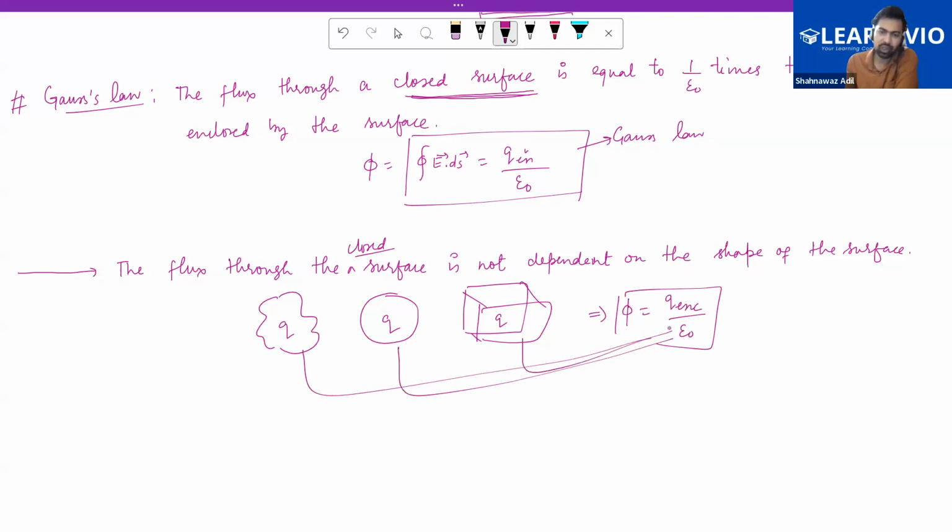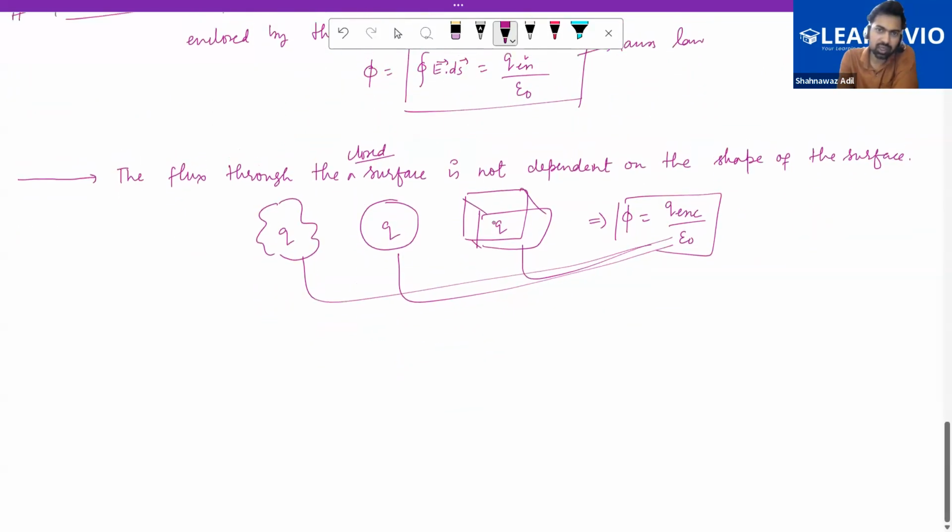So no matter what kind of closed surface you are taking, the flux would always be the same. So that is the idea.